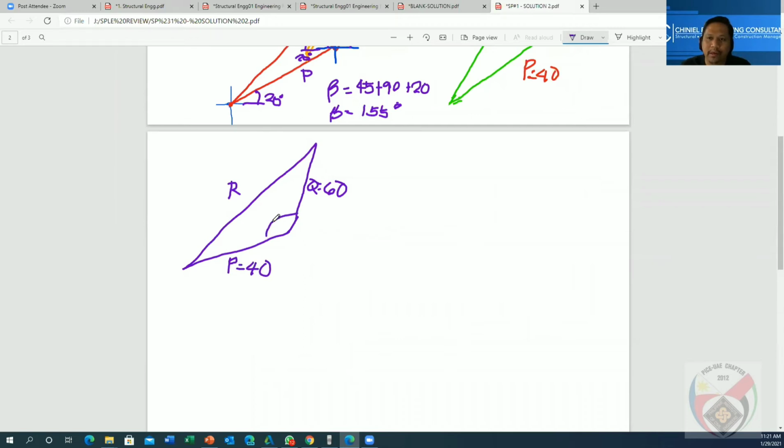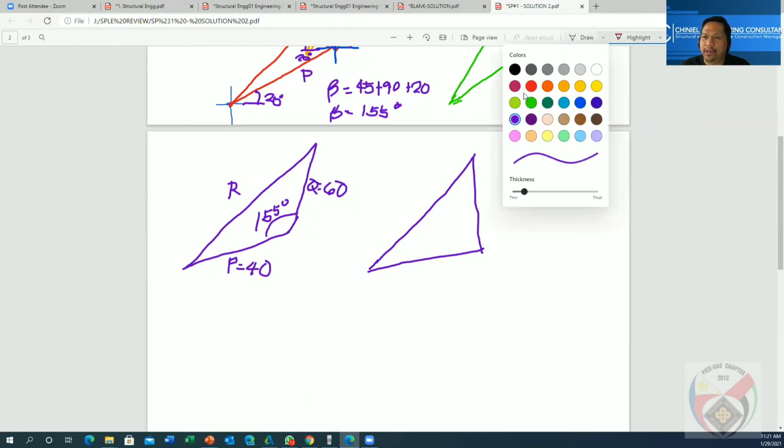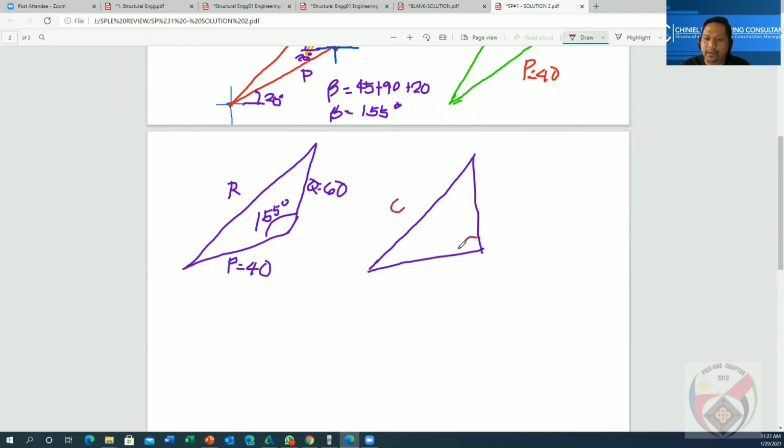And the angle here is 155 degrees. Okay? So applyan natin yung law of cosine, if this is C, this is beta, this is A, and this is B.